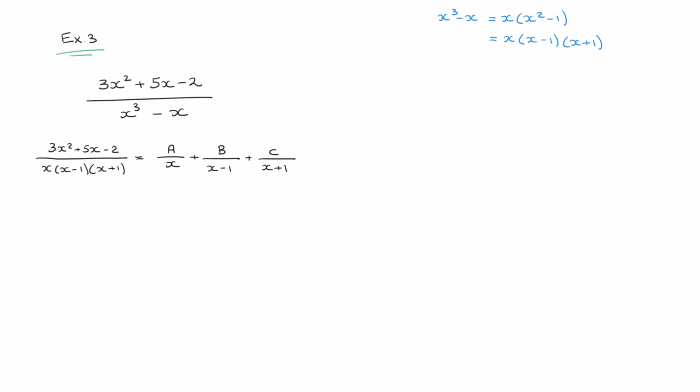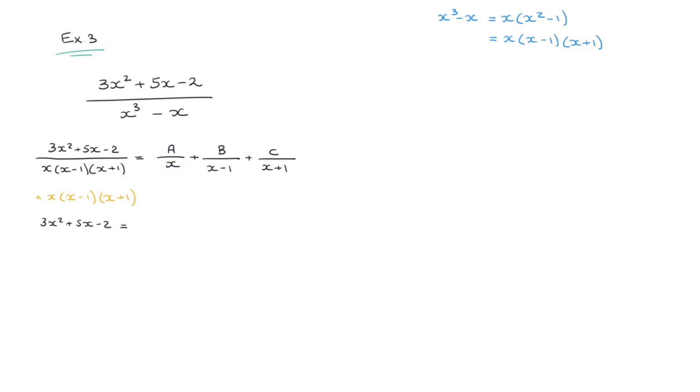And so the first thing we'll do here is multiply the entire equation by the product of these three linear factors. In other words, we'll multiply the entire left-hand side by x times x minus 1 times x plus 1, and we do the same on the right-hand side. So this whole thing becomes 3x squared plus 5x minus 2 on the left-hand side, and on the right-hand side, well, we'll have the following.